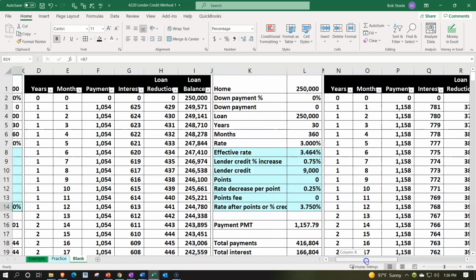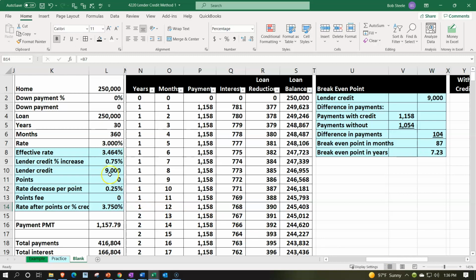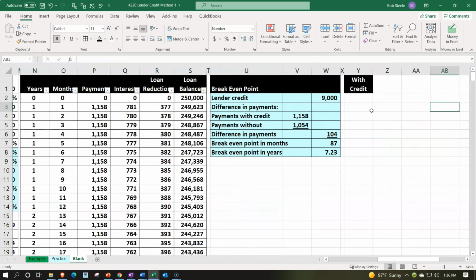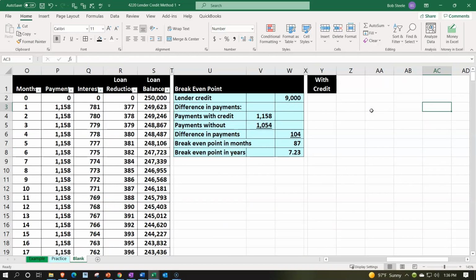The one with the credits, the way we're calculating it here, had that difference of the $9,000, and that's going to result in a different effective rate on each of the payment periods. So that's the one we want to focus in on and tie to the other loan, which was at a 3%. So we're trying to find the effective rate, what time frame would the effective rate or the internal rate of return equal, in essence, 3%.